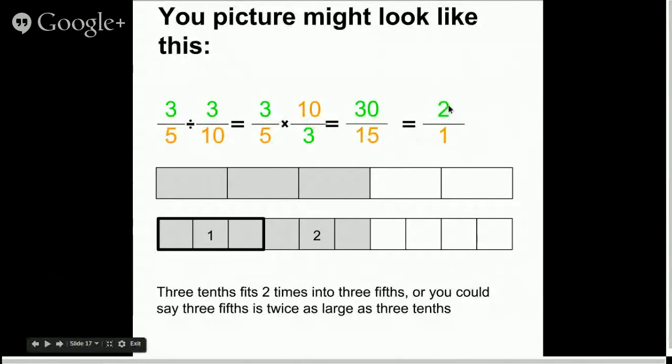Get 2 over 1. So here we have 3/5. Here we have 3 out of 10. If I have 2, I get 3/5. You can also say 3/10 fits 2 times into 3/5, or you could also say 3/5 is twice as large as 3/10.